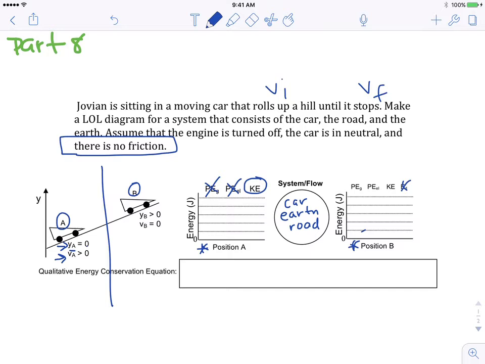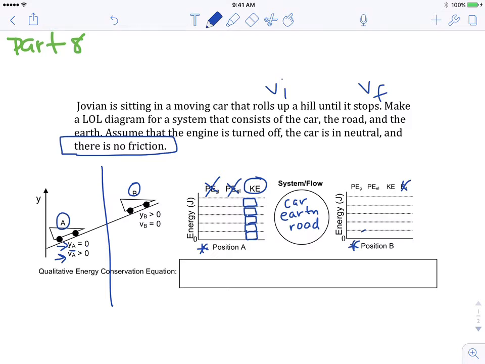Therefore, we can put all of our boxes of energy under kinetic energy. How many boxes? We're going to do 5. Now remember, this doesn't have to be perfect, but it should definitely show 5 boxes that are pretty much the same size and all stacked on top of each other. And trust me, that's not easy to do with this stylus. So okay, here we go. We have position A, all kinetic energy.